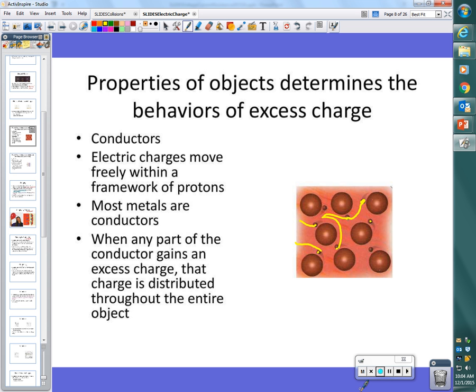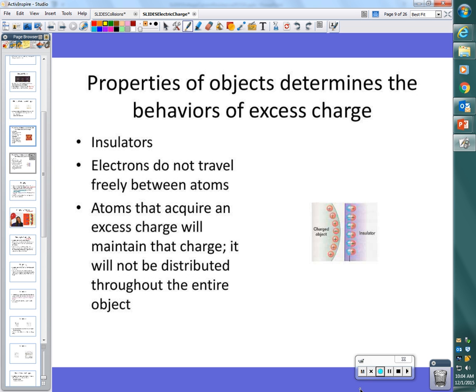The idea is that metals don't want to hold on to their valence electrons, so they have the freedom to move about anywhere they want. Good? On the other hand, insulators: if metals make good conductors, nonmetals make good insulators, because nonmetals are looking to gain electrons. Remember, we talked about halogens, right? Halogens have 7 valence electrons.